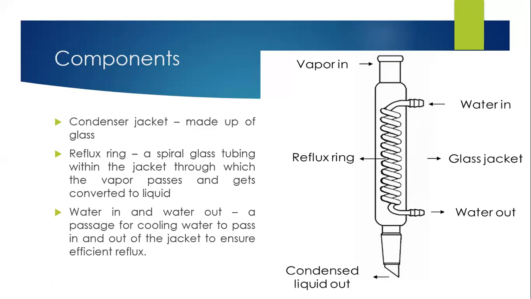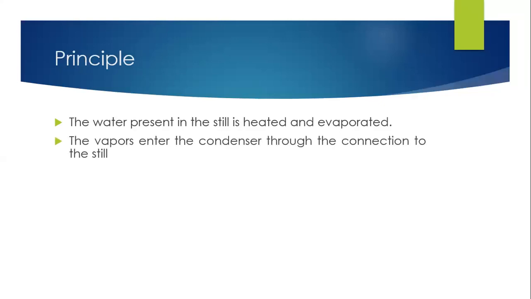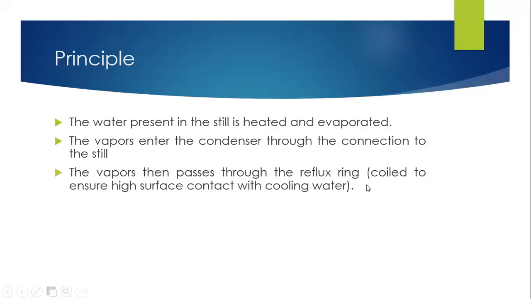Let us see what is the principle of this condensation. Water present in the still is heated and evaporated. This water vapor then enters the condenser through the connection with the still. When the vapor passes through the reflux ring, the coiled glass tube inside, the coiling is there to make sure there is high surface contact with the coolant.